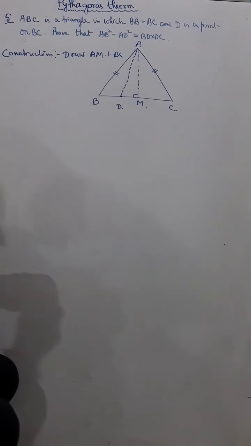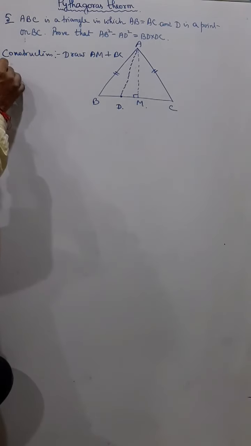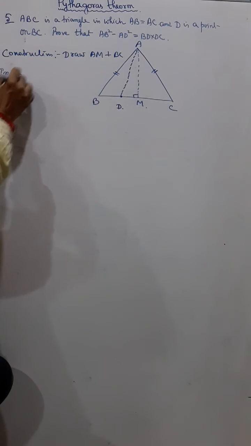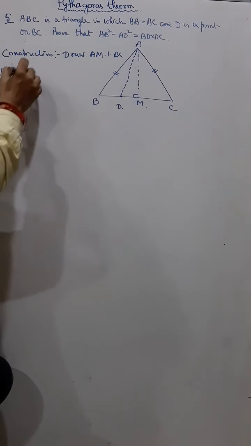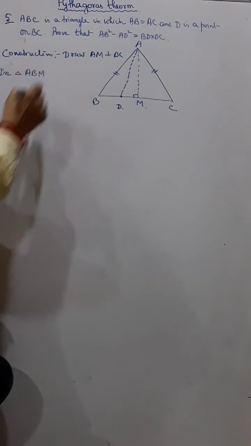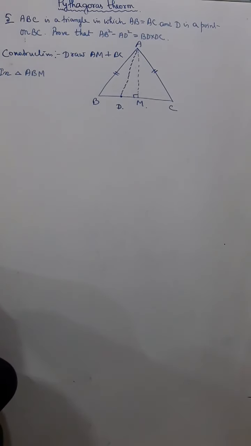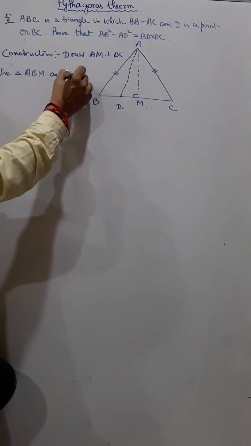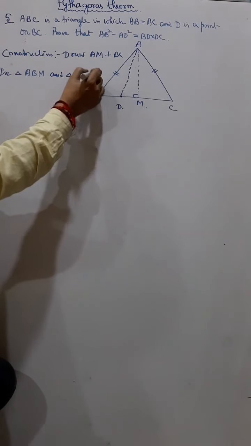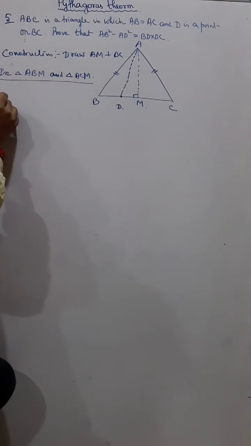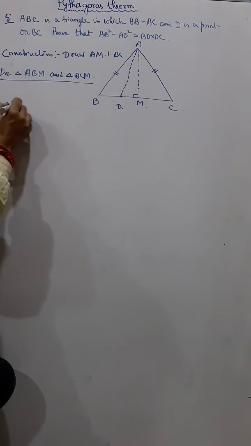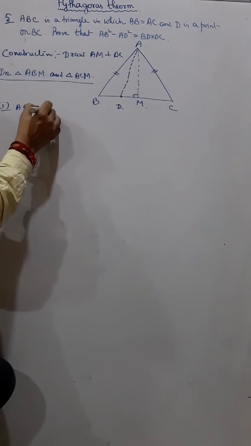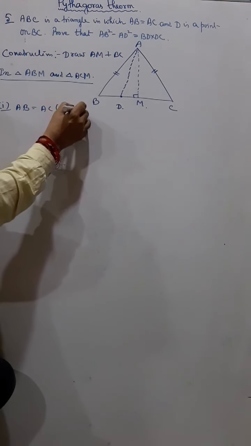So we can say that in triangle ABM and triangle ACM, number one, AB equals to AC, that is given.